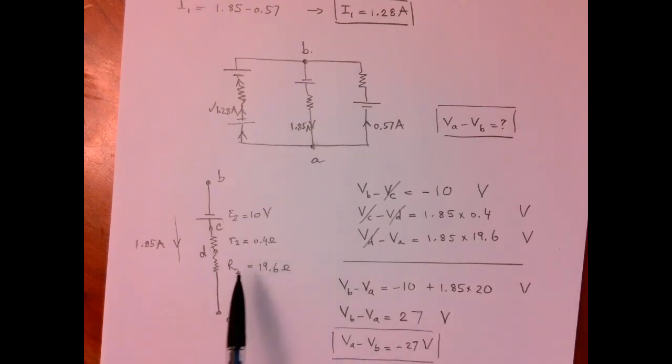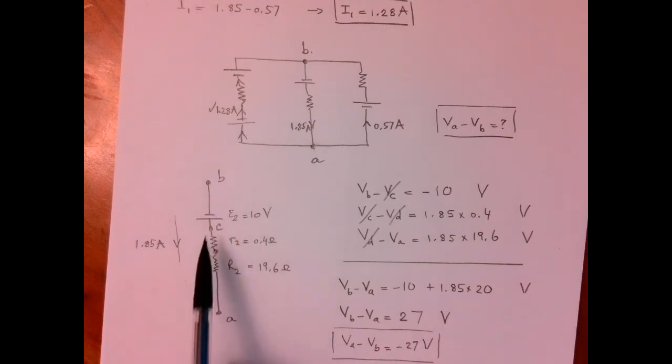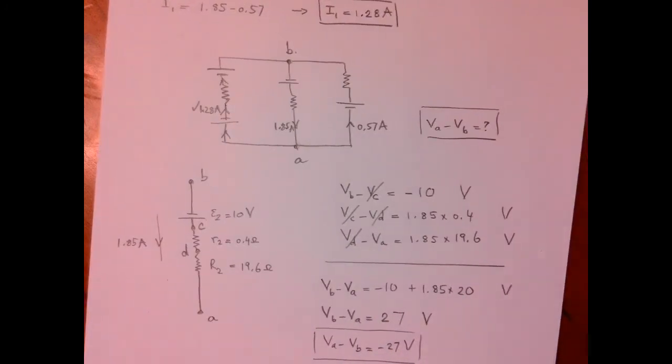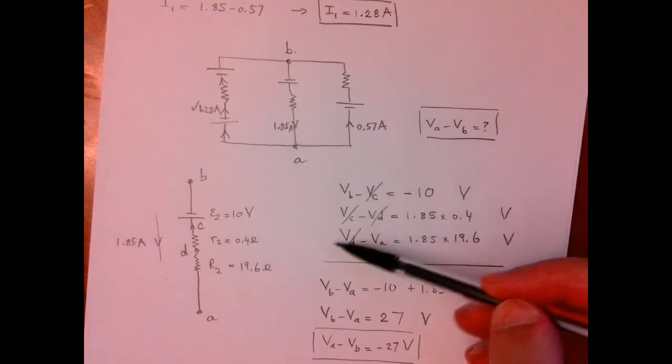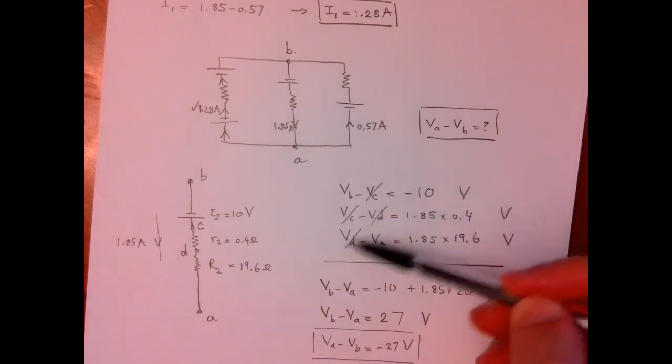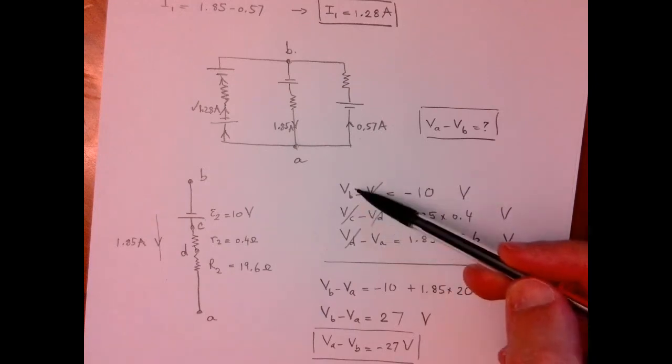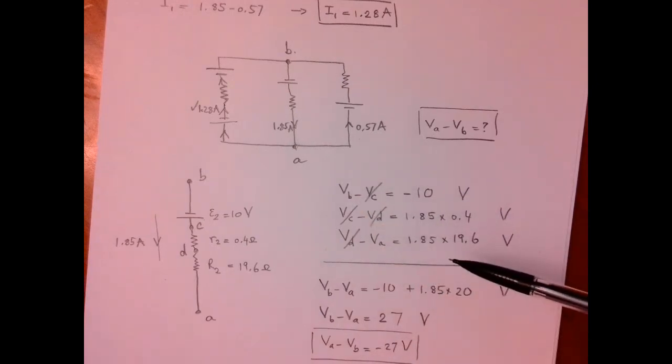So what we do, we write the potential difference between each pair of points according to the rules that we already know, and then we add them up. Remember, this is the approach that we took when we first saw how we derived Kirchhoff's second equation in the first place. And we always write like this, and the middle terms will always cancel out, so we are left only with the first and the last point.